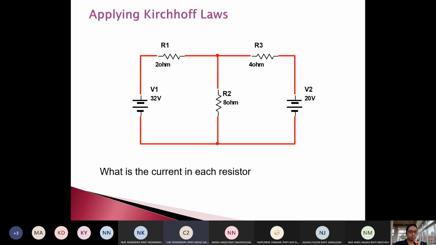Meaning that what you have is 32 equals I1 R1 plus I1 R2 plus I3 R2.